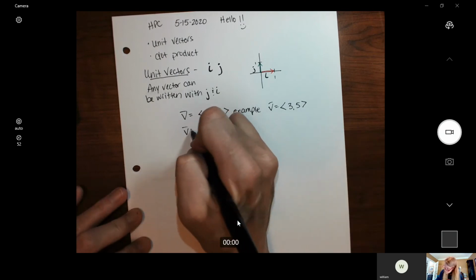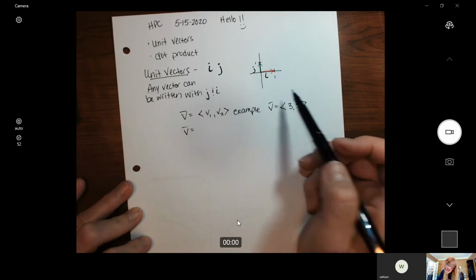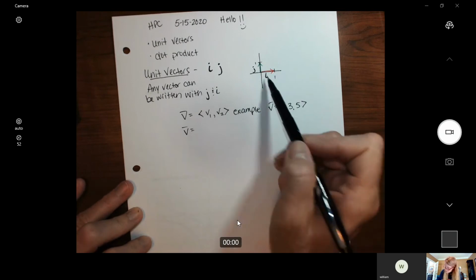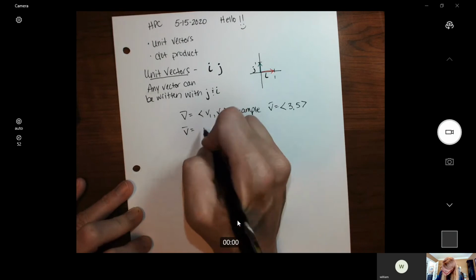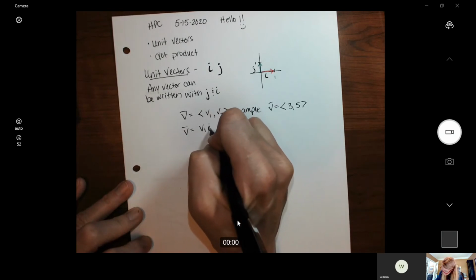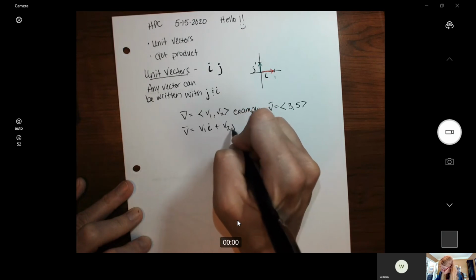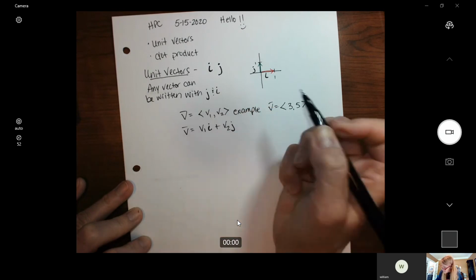Vector v can also be represented as a linear combination of multiples of i and j. So we could represent this as v1 times the vector i plus v2 times the vector j.